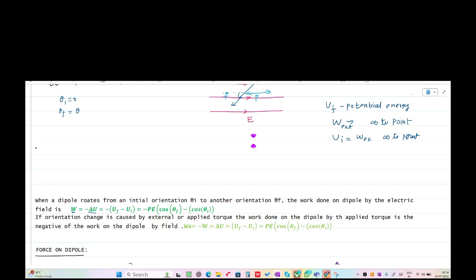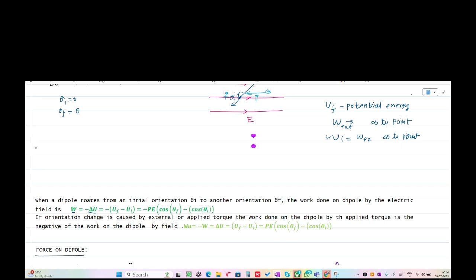So now this dipole is in equilibrium position, and I am turning it into some angle theta. So I need to do some work. When the dipole is placed like this in the electric field, the field also does work.